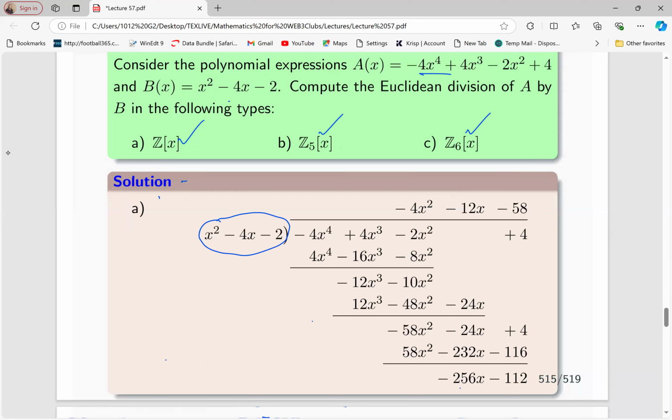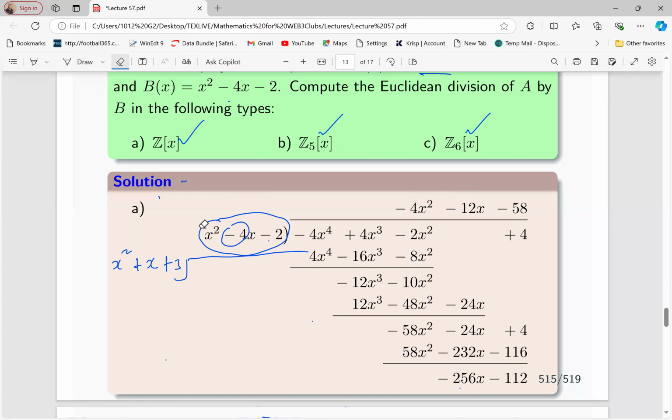So x squared is already okay. It's mod 5. This one is negative, so make it mod 5 so that you are dealing with only positive values. Add 5 to it, you have x. Then this one, add 5 to it, you have 3. So the divisor is now in mod 5 form. And what about this dividend?